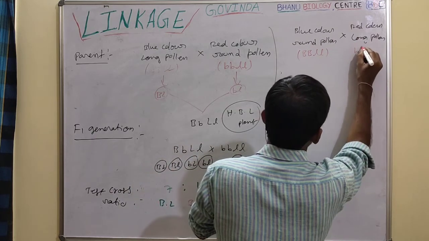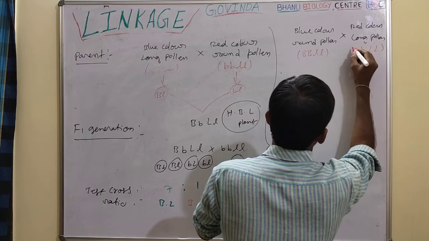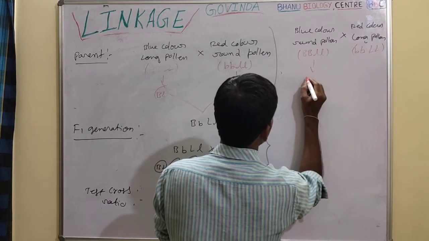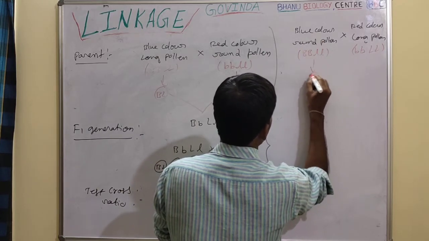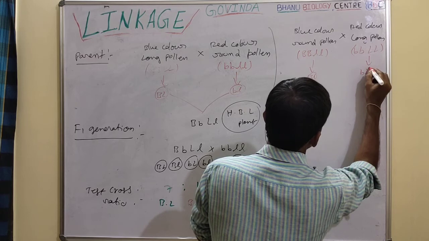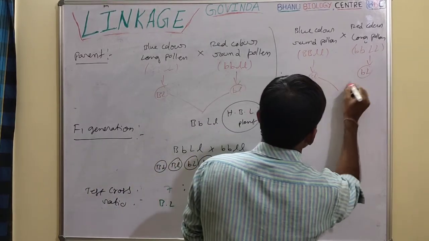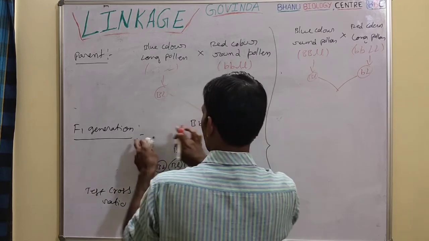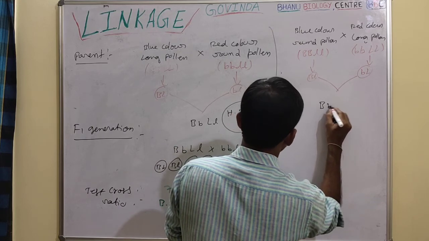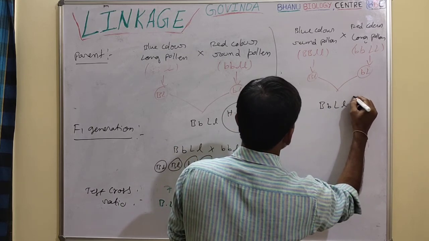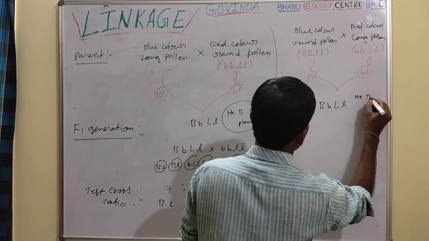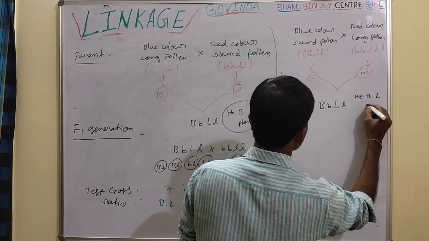Then red color means small b, and long pollen is represented by the dominant allele L. Then the gametes produced by this plant are capital B, small l. The gametes produced by this plant contain small b, one recessive allele, and one dominant allele. So when the cross is made between these two plants, the F1 generation was produced with the genotype of capital B, small b, capital L, small l. This is heterozygous, a blue color, long pollen grain producing plant.